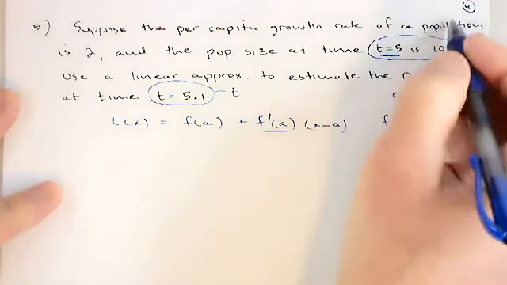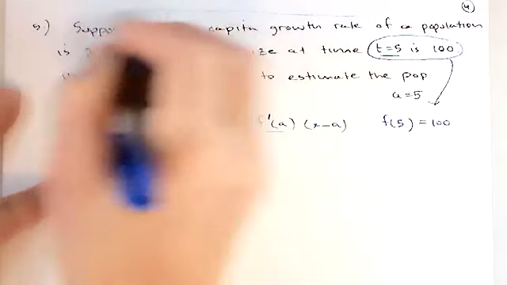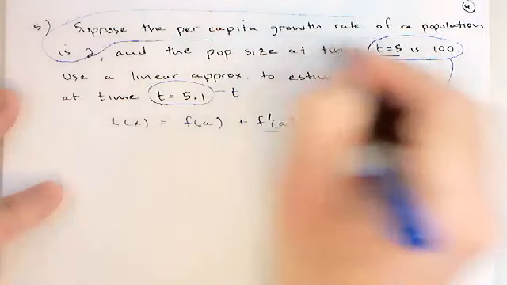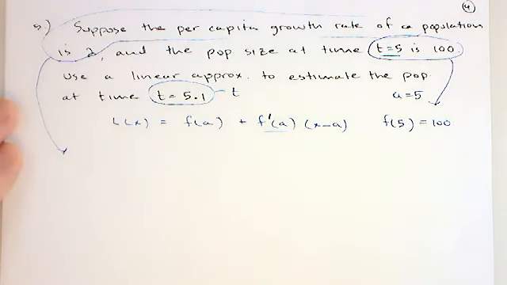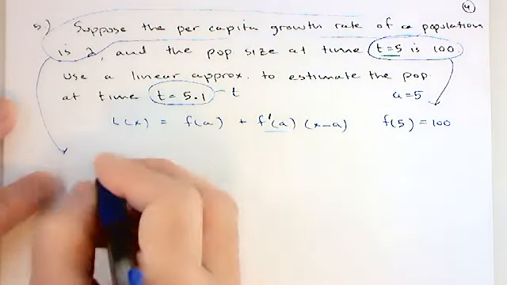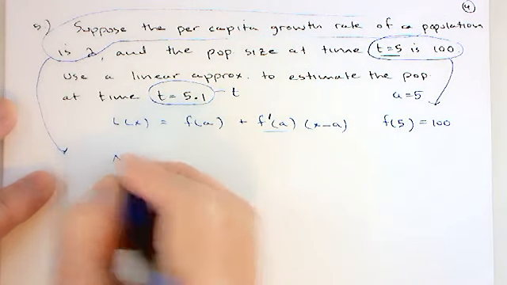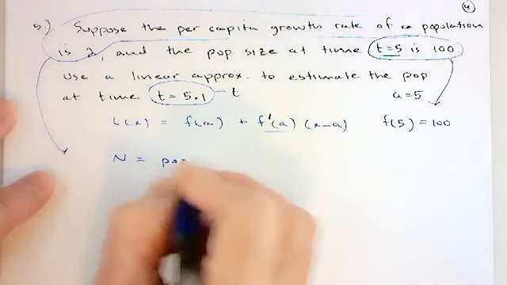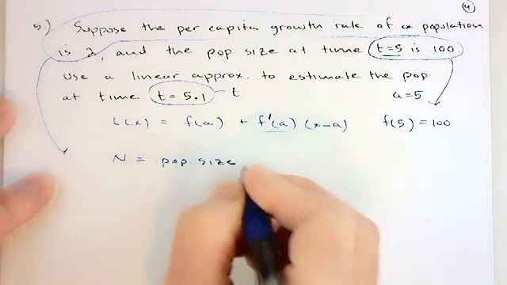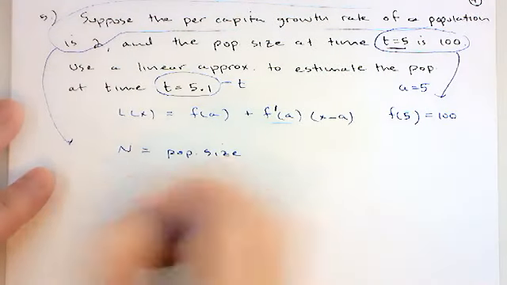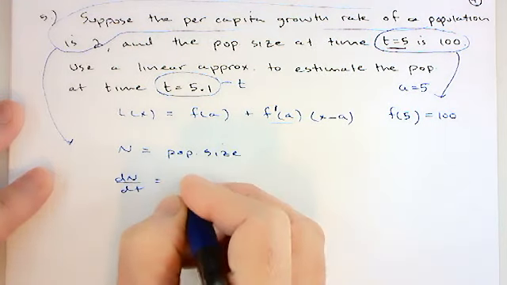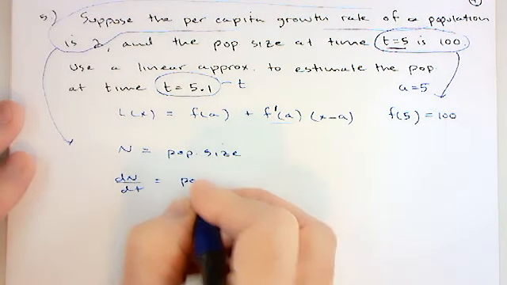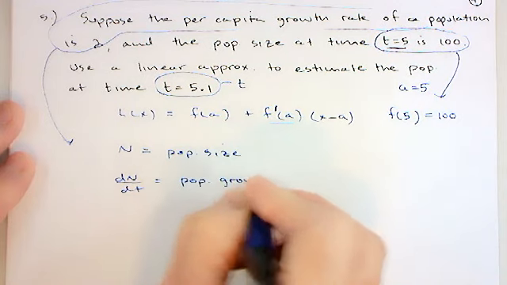And that comes from this first sentence here, because earlier in section 3.6, we talked about what we mean by a per capita growth rate. And in fact, I'm going to use n. If n is the population size, that's how we talked about it in 3.6, then dn dt is the population growth rate, if you recall.